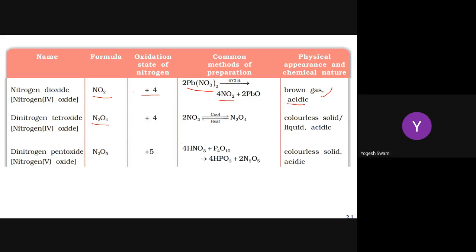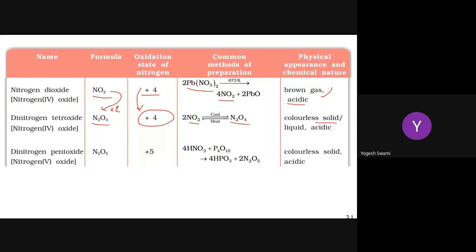N2O4. Now look, when we multiply NO2 by 2, you obtain N2O4, dinitrogen tetraoxide. Oxidation state is the same as this. How is it formed? When NO2 is cooled down, it is converted into N2O4. N2O4 is colorless and NO2 is a brown color gas.